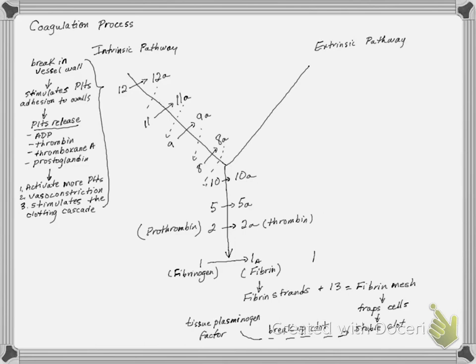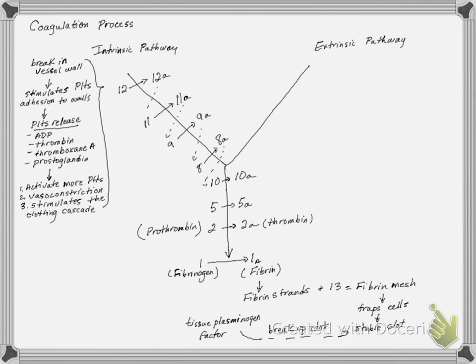Okay, so that's basically how our intrinsic pathway works. So we are constantly injuring our internal body. I mean, even just day-to-day stuff, we have little nicks that happen on the inside of our vessels all the time, but we have this system in place so that we don't bleed out, right?